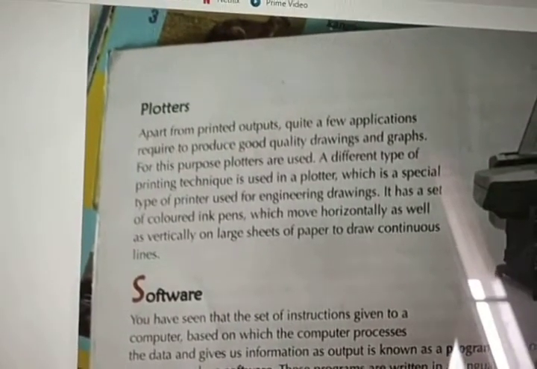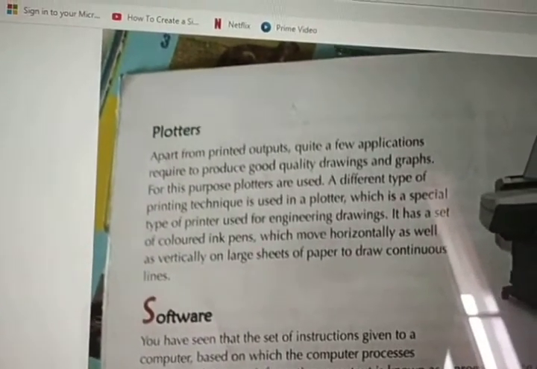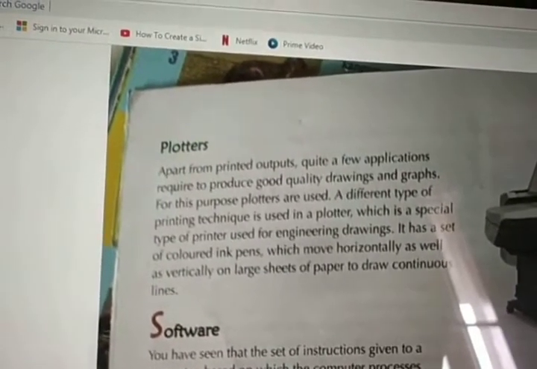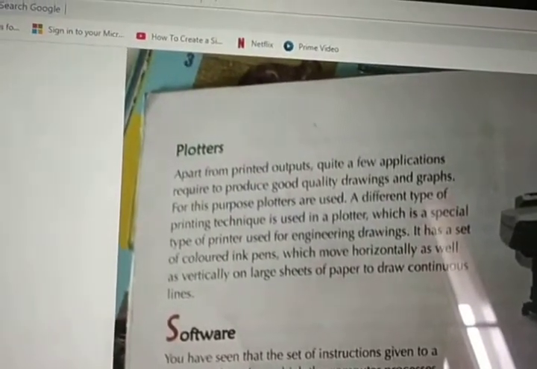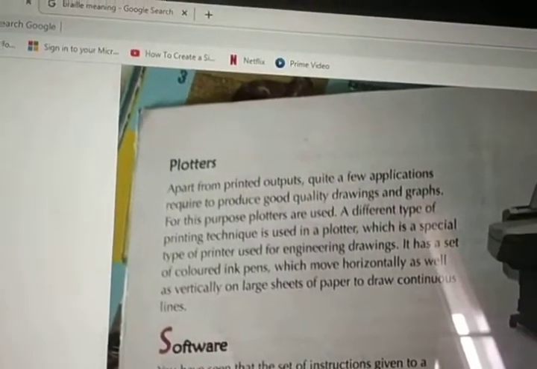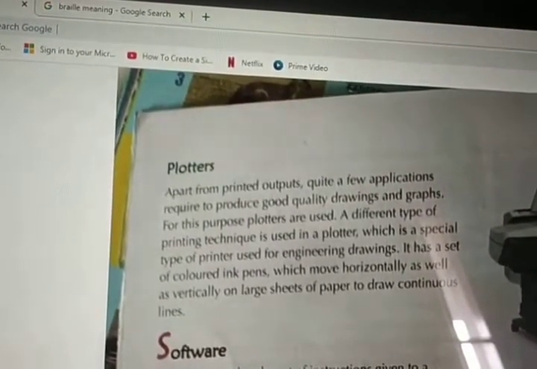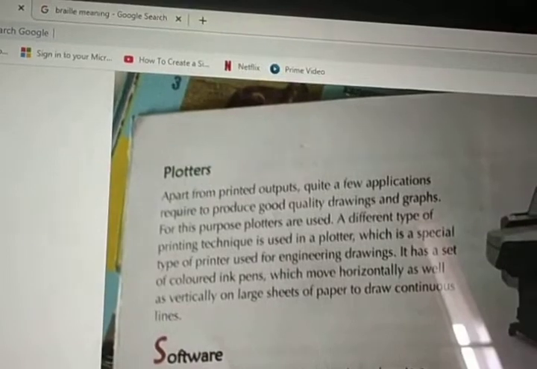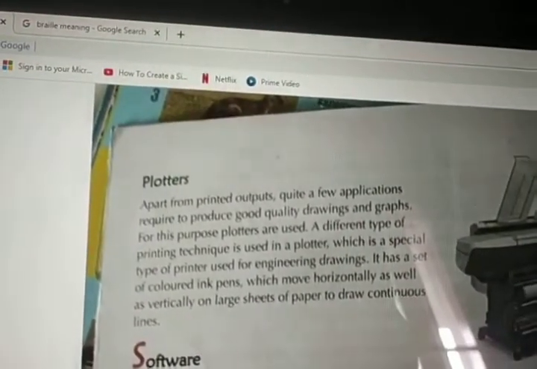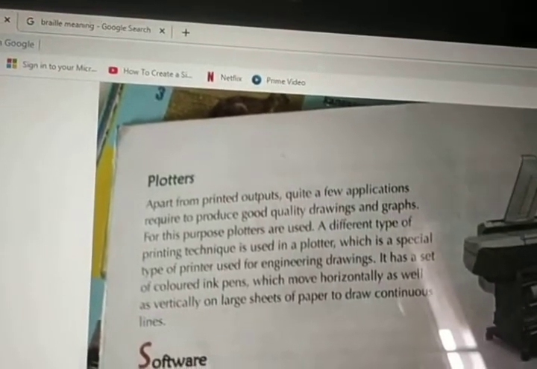A different type of printing technique is used in a plotter. A plotter also prints on paper only, but a different technique is used. It is mostly used for engineering drawings, complicated drawings.